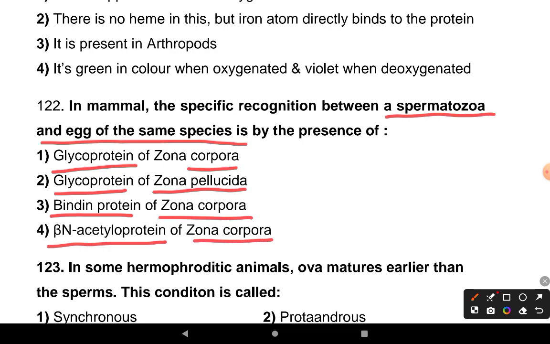So the correct answer is option 2. Glycoprotein of zona pellucida plays a role in specific recognition between a spermatozoa and egg of same species in mammals.